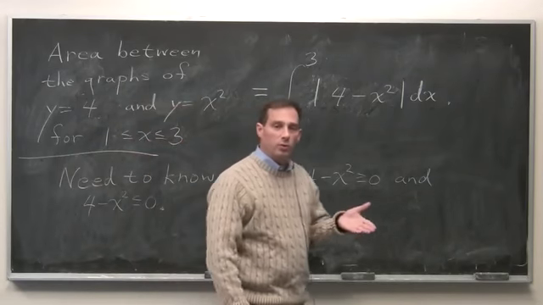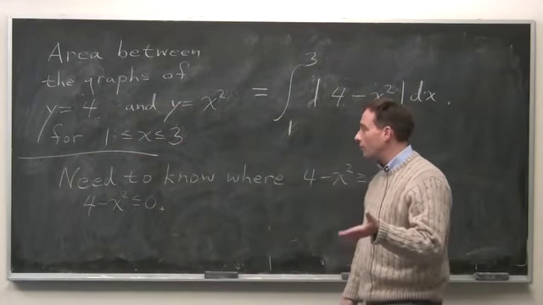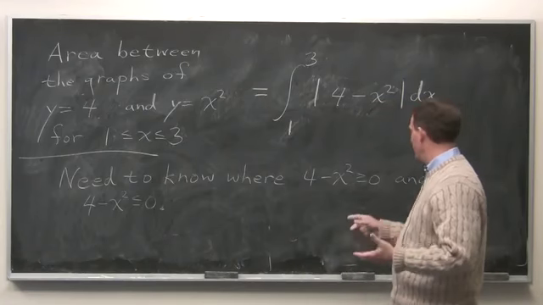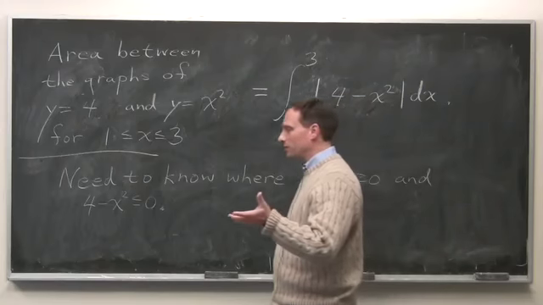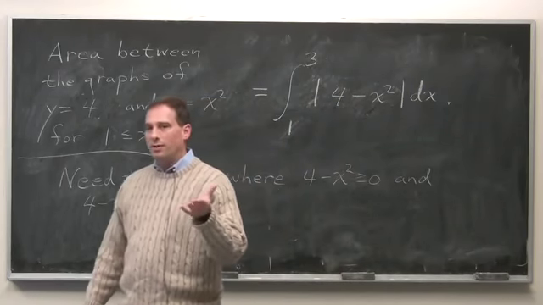You do what we did when we were calculating the total distance traveled. You want to know where a continuous function, 4 minus x squared, is positive and where it's negative.